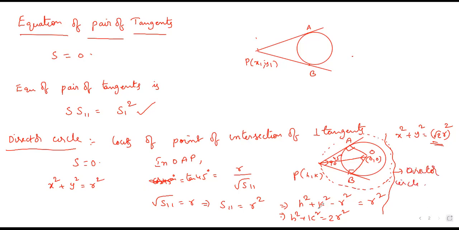And suppose the circle we have taken is x square plus y square equal to r square. Like this, if you apply it to the general equation of a circle, x square plus y square plus 2gx plus 2fy plus c equals 0, for this circle the center is minus g, minus f, and the radius is root g square plus f square minus c.